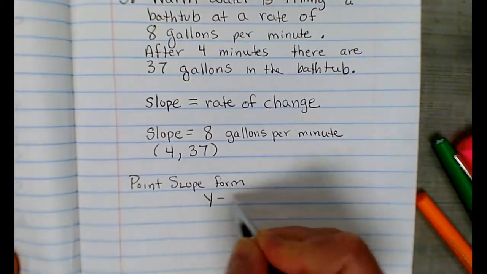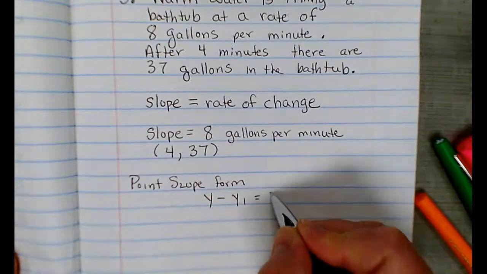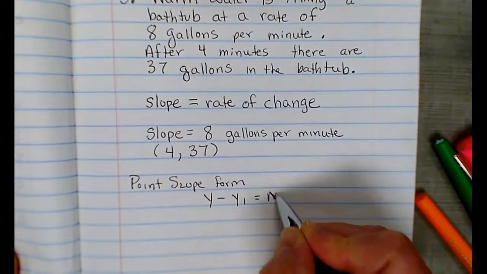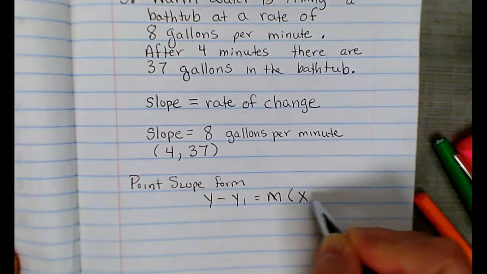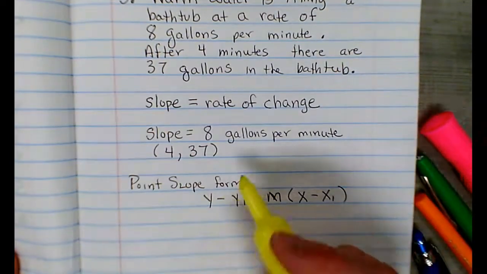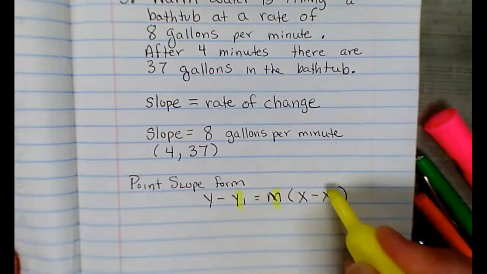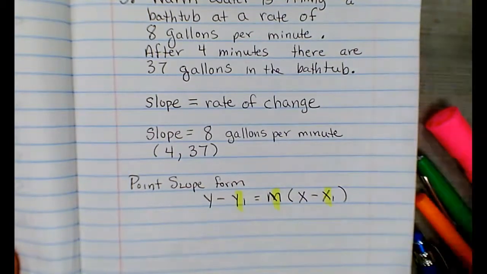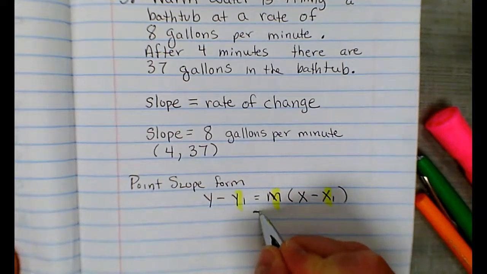So y minus y1 equals m times (x minus x1), and we're going to fill in this, this, and this. What number are we going to fill in for the slope?